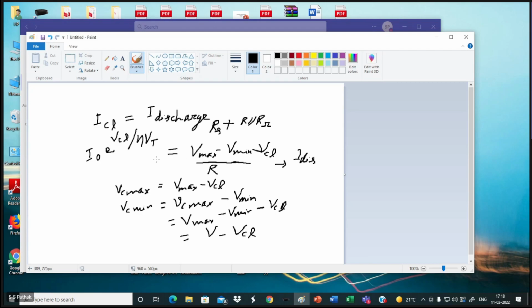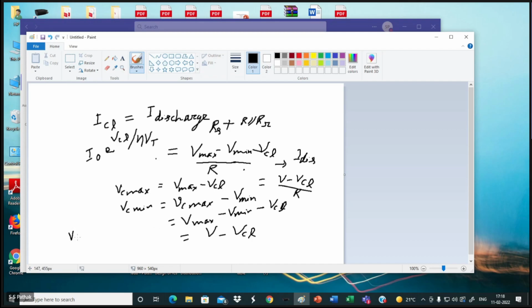In steady state, both of them are equal. So if you solve it, this becomes V minus VCL, it is VCL, not R, divided by R. I will solve it.